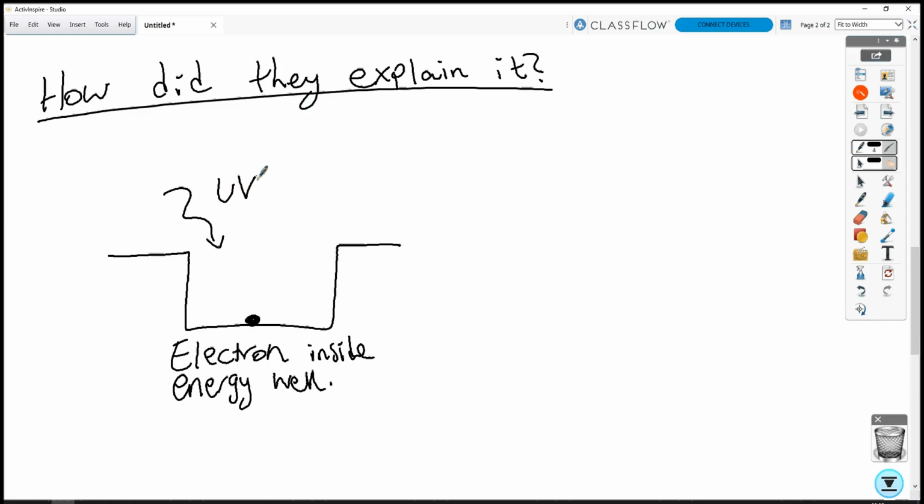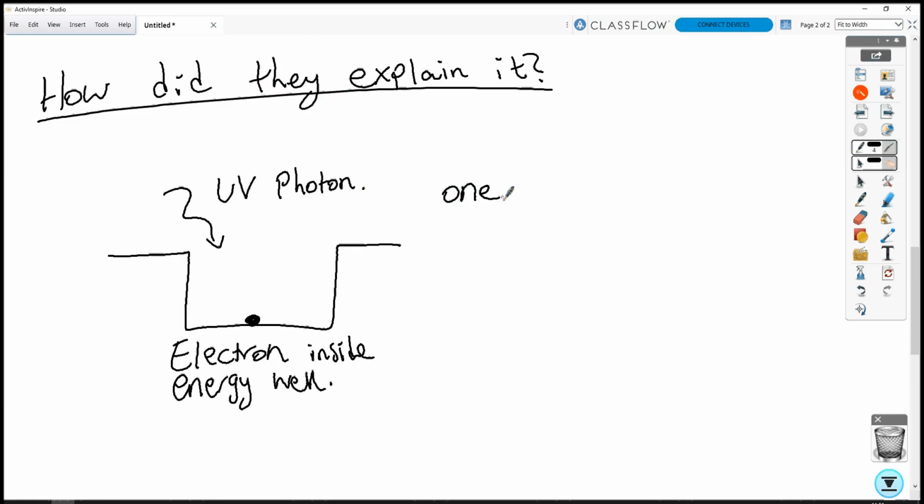This is an ultraviolet photon. Now this electron, one electron, absorbed that one photon. And if the energy of that photon was great enough, it allowed the electron to escape that energy well, jump out of it. And whatever energy it had excess left over would then transfer to becoming kinetic energy for that electron.